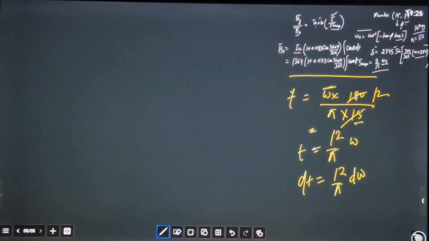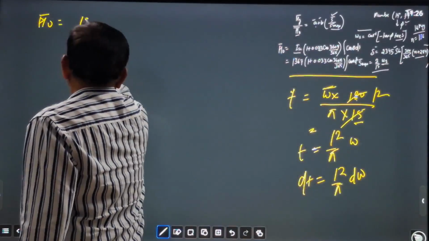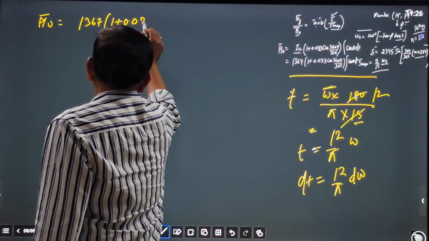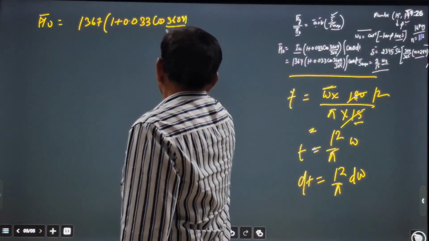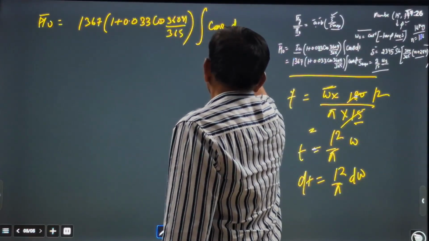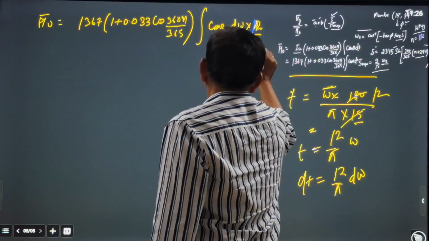Now putting this value of dt in this equation, H0 equal to 1367 into 1 plus 0.033 cos 360 n upon 365, and integration of cos theta d omega into 12 by pi.